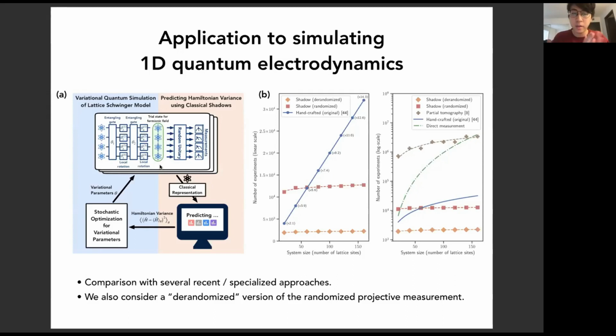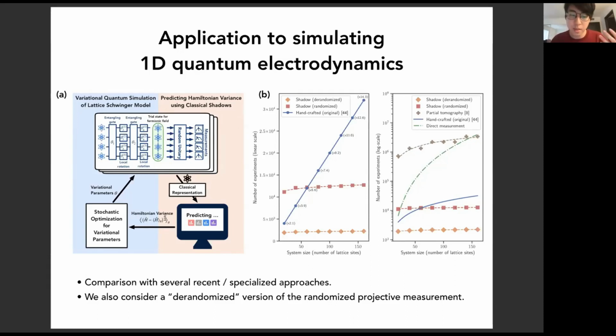After preparing this fermionic field, you use classical shadow. Basically, you just apply a random unitary, do measurements, and repeat a few times to get the classical representation. After that, you use this classical representation to predict all the observables involved in estimating the Hamiltonian variance.